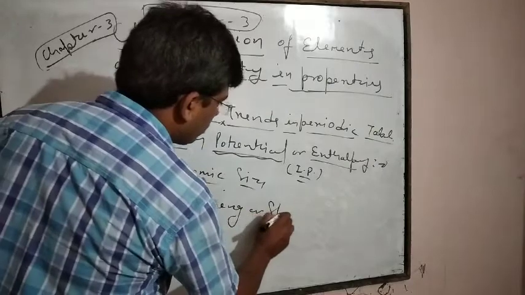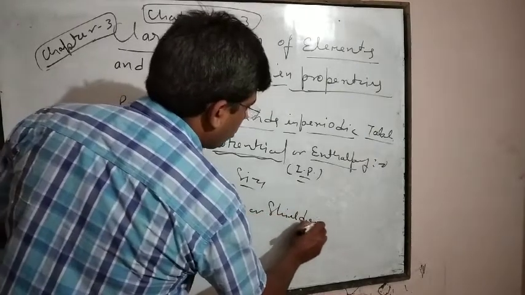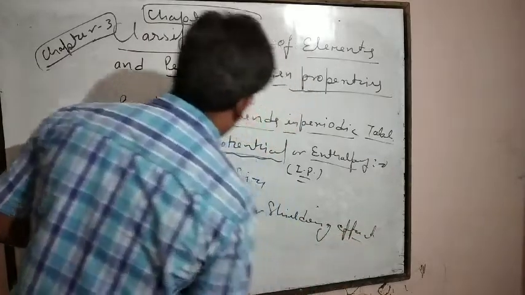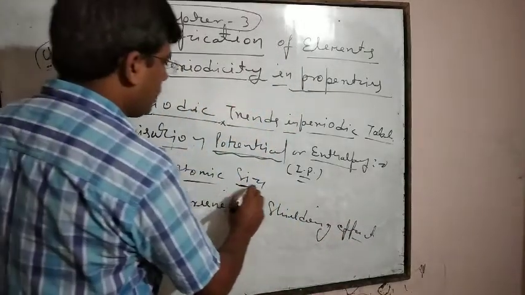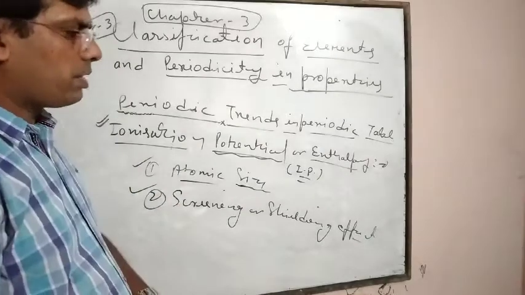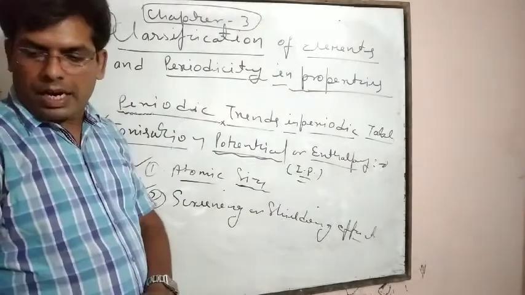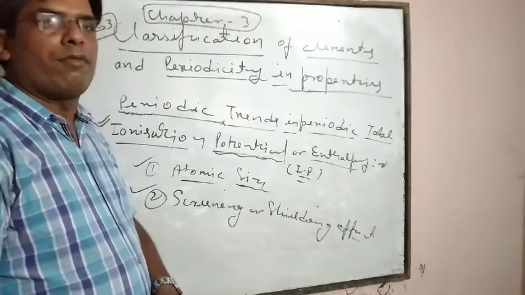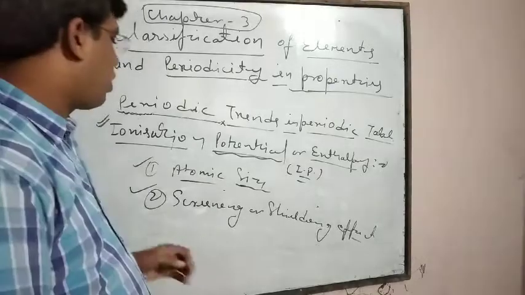First one is the atomic size. Second one is the screening or shielding effect. And third one is the half-filled or full-filled atomic orbitals.